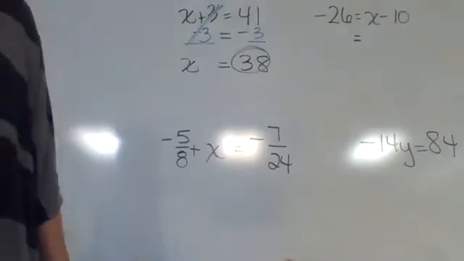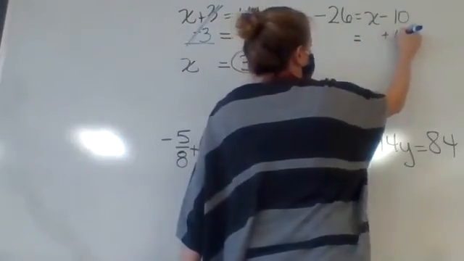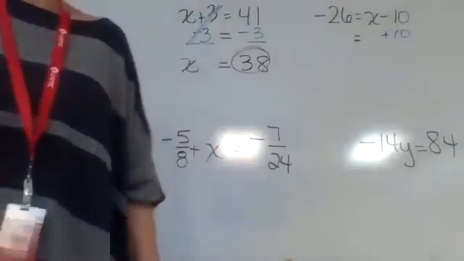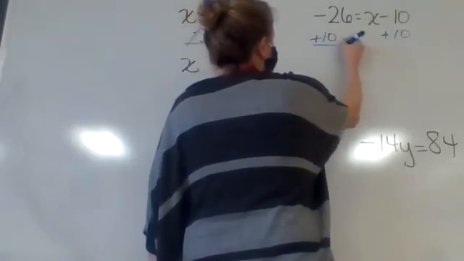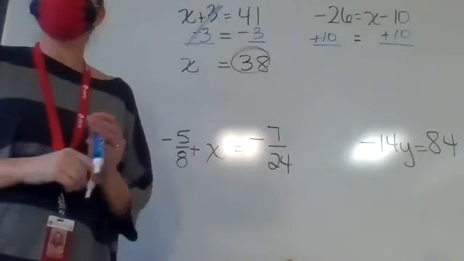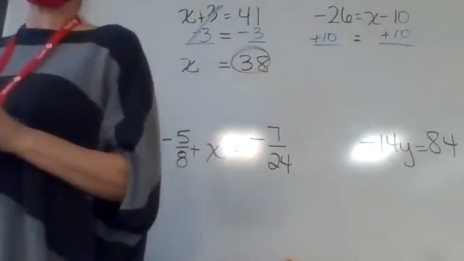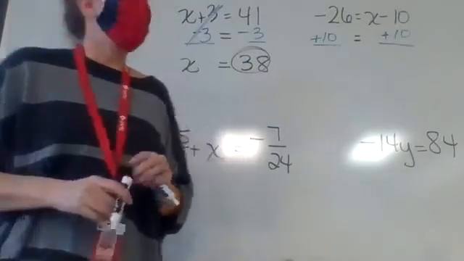What's the opposite of minus 10? Plus 10. Right, that's what's gonna knock it out. If you add a 10 to it, that's what's gonna cancel it. If I add 10 to this side, I have to add 10 to this side. Doesn't matter which side you look at first now. Don't mess up here. If you don't like adding and subtracting with positives and negatives, punch that in, right?